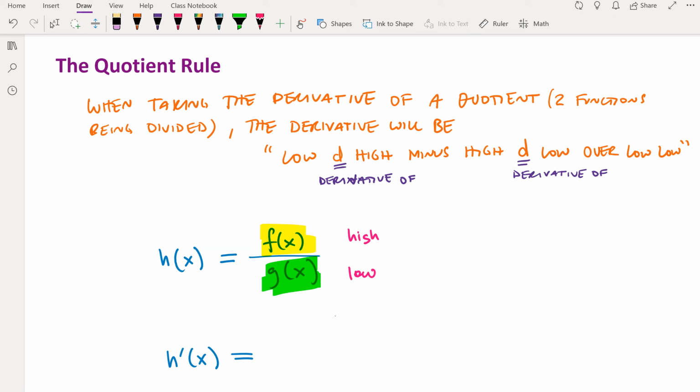The derivative is going to be low d high. So low means copy low. The low function is g. So we're going to copy g of x, low. D high means the derivative of the high function, derivative of f. So low d high: f prime of x, derivative of high.